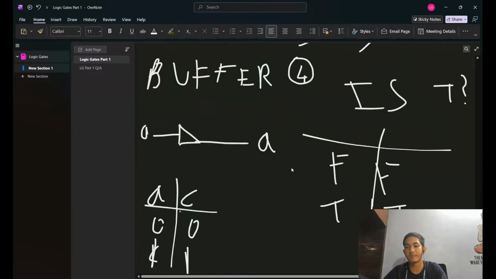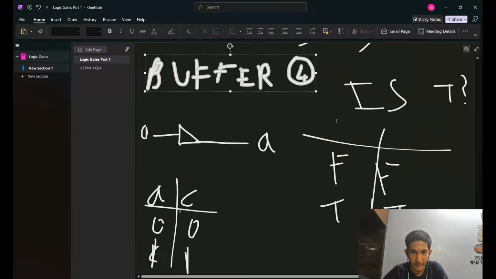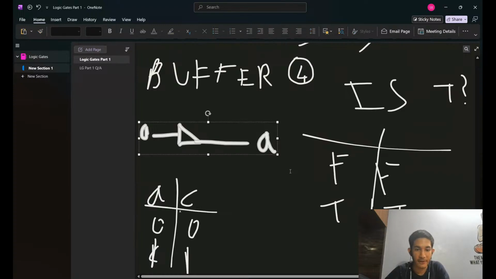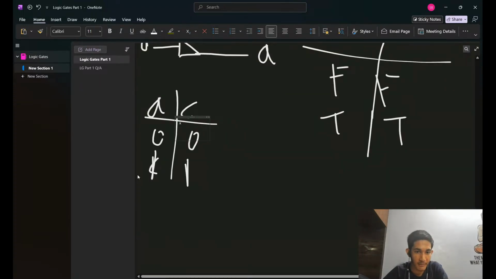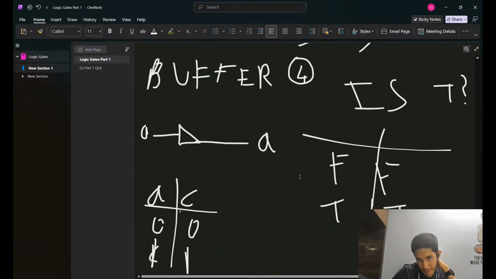Now we also explored one last gate, this buffer gate, which basically lets stuff through. Zero remains zero, one remains one. It checks whatever the input is and gives that as the output. Not very useful.